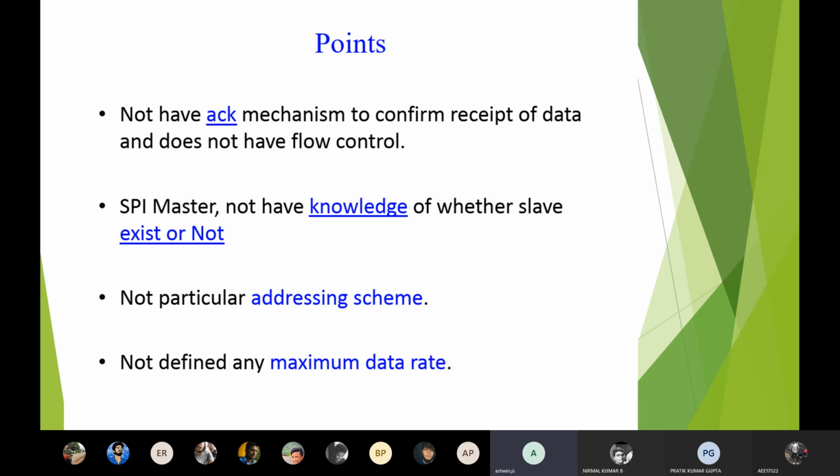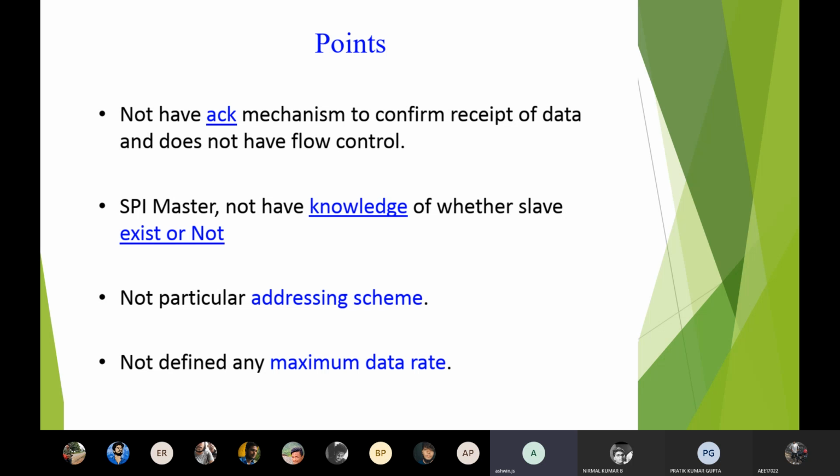The receiver receives the data at 1 Mbps, and once it is completed, the register becomes empty. After that, the data is loaded into the buffer again. The entire 10 MB of data is loaded here, and one by one it transfers to the printer. That is the flow control, which is not existing in this mechanism.